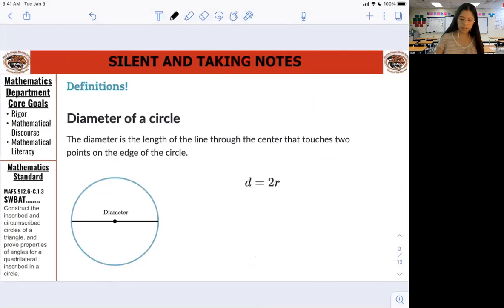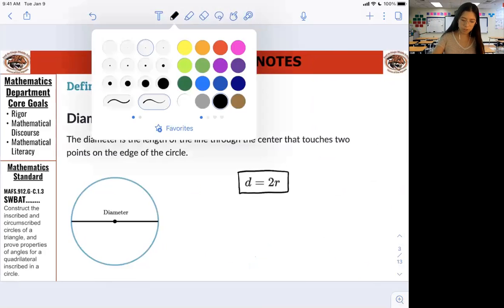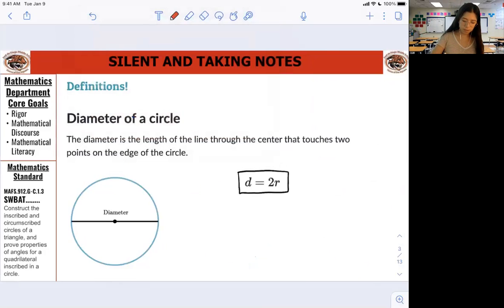And here's one pretty simple formula that we use, because the diameter is just 2 times the radius, right? So here's one radius. Here's another radius. So the diameter is just twice the radius. Any questions on diameter?